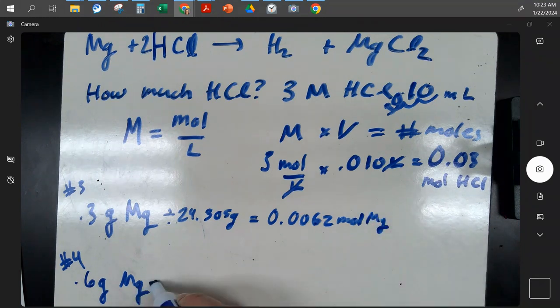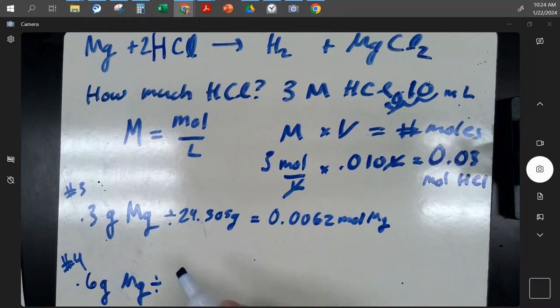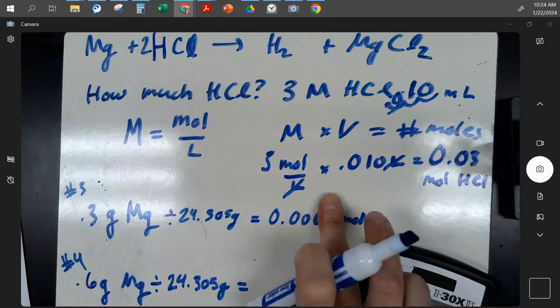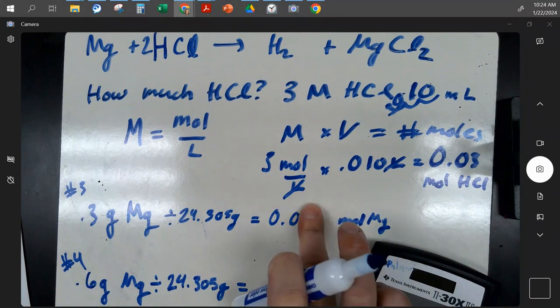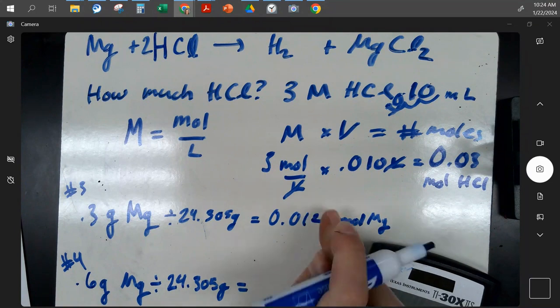Okay, so we're going to do the same thing. How many moles of magnesium if we start with 0.6, or whatever you actually measured? So that should also double. Oh, this one wasn't 0.62. This one was 1.2, right? Yeah, thank you, 1.2.